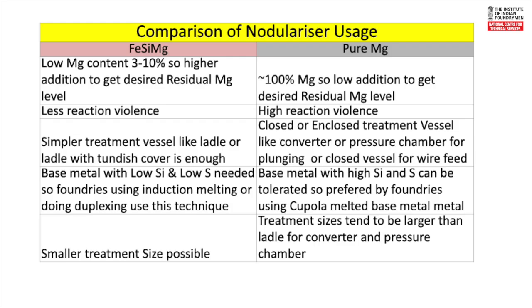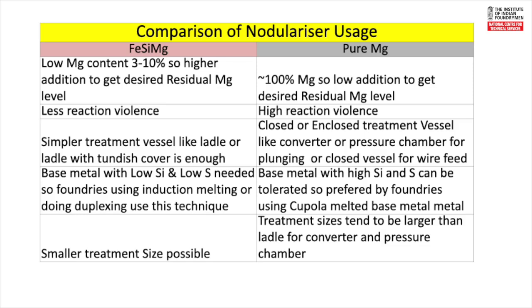Now, quickly, a table which gives a comparison of ferrosilicon mag and pure magnesium as nodulizers. Ferrosilicon mag has low magnesium content, generally between 3 to 10 percent, though earlier I had indicated a maximum of 20. So higher additions are required in terms of quantity to get the desired residual mag, which is very obvious, while pure mag requires lesser additions.